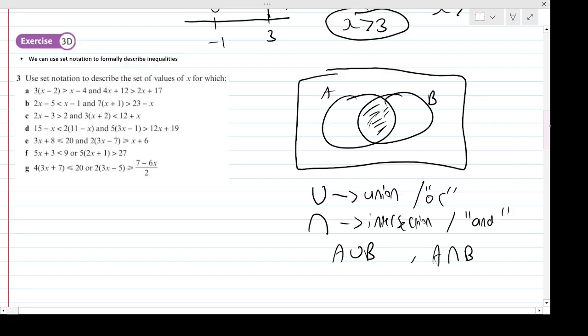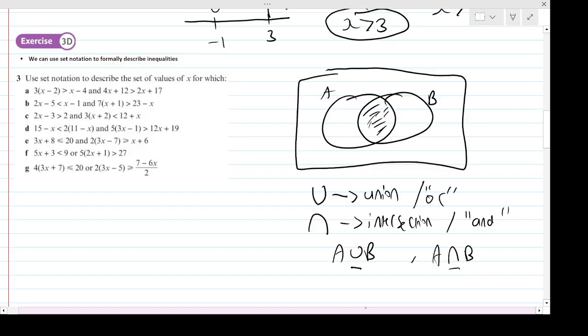So that's just a brief overview. Those symbols shouldn't be too unfamiliar because, again, you looked at these, the U and the N shape, when you looked at Venn diagrams at GCSE. I like remembering the order of what they mean, because "and" has a distinctive N sound in its pronunciation, and this looks like an N, right? So N and "and".